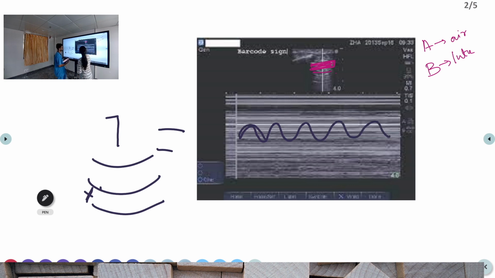This black portion is the fluid, and the lung below it is moving. So this will be the seashore here, and these will be the straight lines of the muscles. This sign is called the sinusoid pattern. So in effusion, we will be seeing a quad sign and a sinusoid pattern.